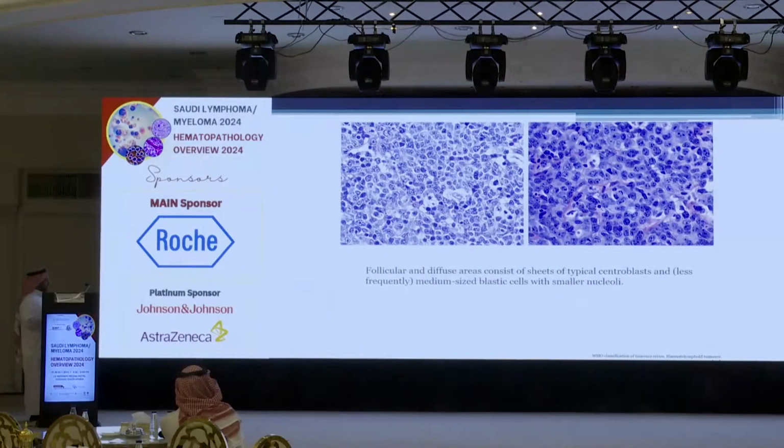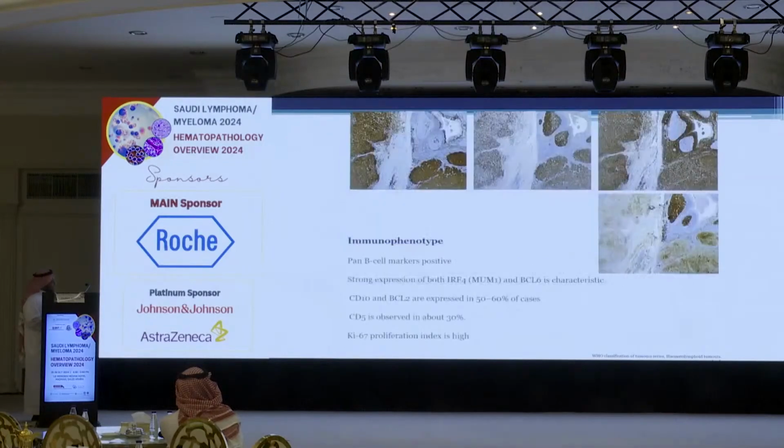If you go to high power, you will see sheets of centroblast-like cells, sometimes intermixed with some smaller plasmablastic-looking cells. On the immunophenotype, the most important finding is the strong positivity for MUM1 immunostaining and strong positivity for BCL6.